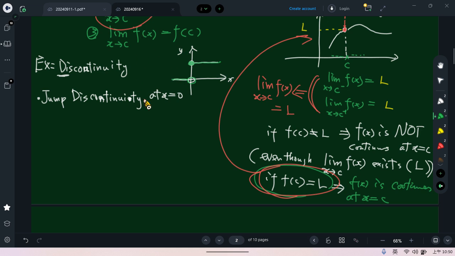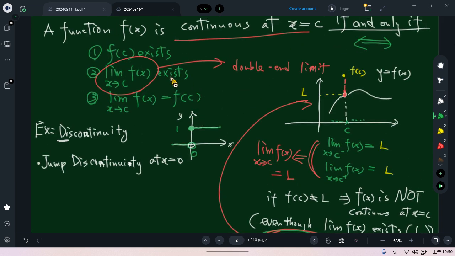Let me ask you, when x is approaching 1 plus, what is the limit? 1, yes, correct. If x is approaching 1 minus, 0, right? So 0 is different from 1.